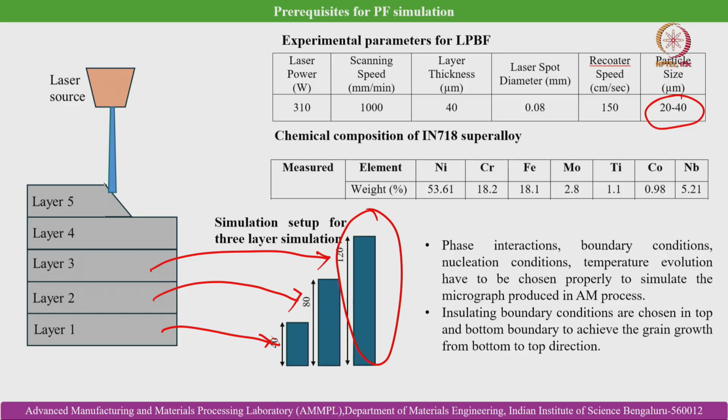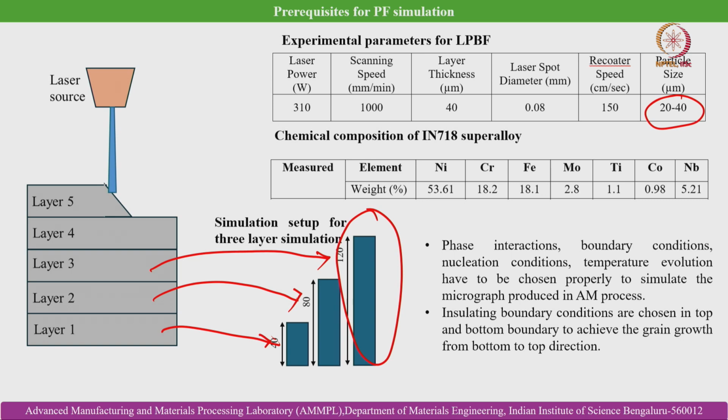The phase interactions, boundary conditions, nucleation conditions, and temperature evolution have to be chosen properly to simulate the microstructure evolution in the laser powder bed fusion of this particular nickel based superalloy. Insulating boundary conditions are chosen in the computational domain at top and bottom to achieve grain growth from bottom to top direction.